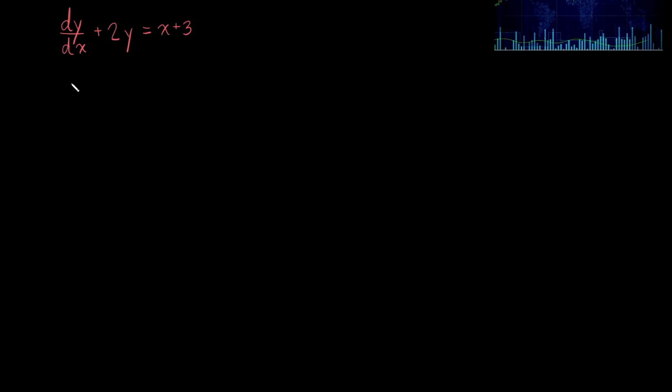We can actually have different notations to describe a differential equation. So for example, another notation you may see is y prime plus 2y is equal to x plus 3, and another notation you may see is the derivative of some function of x plus 2 times that same function is equal to x plus 3.